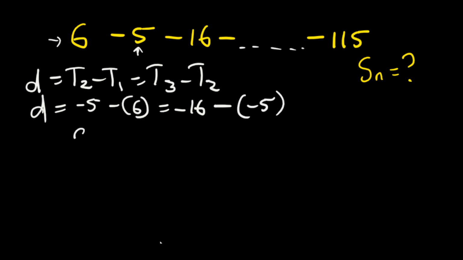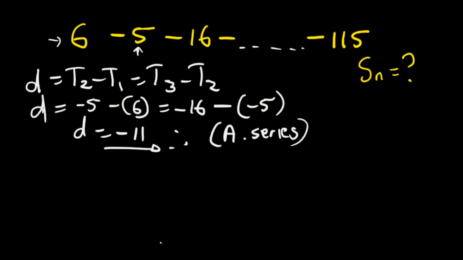If you punch your calculator, you'll get d equal to minus 11. For the mere fact that the difference between term number 2 and term number 1, and term number 3 and term number 2, is the same, therefore we know that this is an arithmetic series.